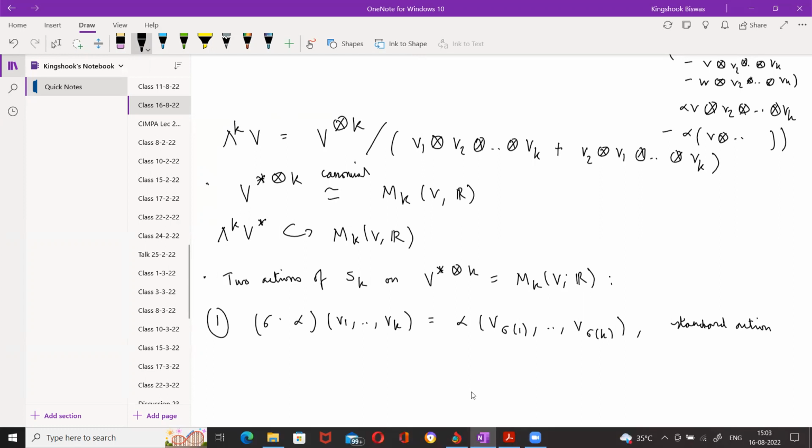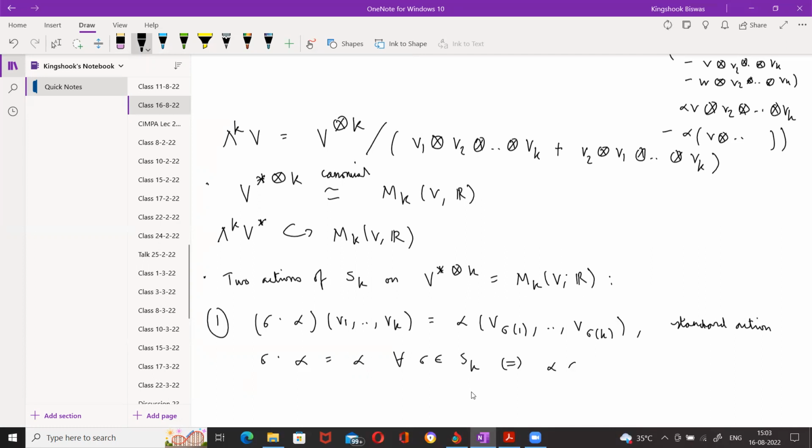Okay, so for this standard action, sigma dot alpha is equal to alpha for all sigma if and only if alpha is a symmetric tensor, right? Yes, that's the definition of what a symmetric tensor is.